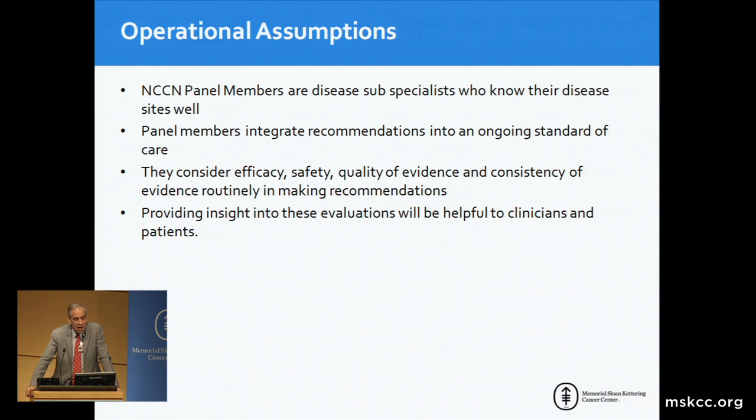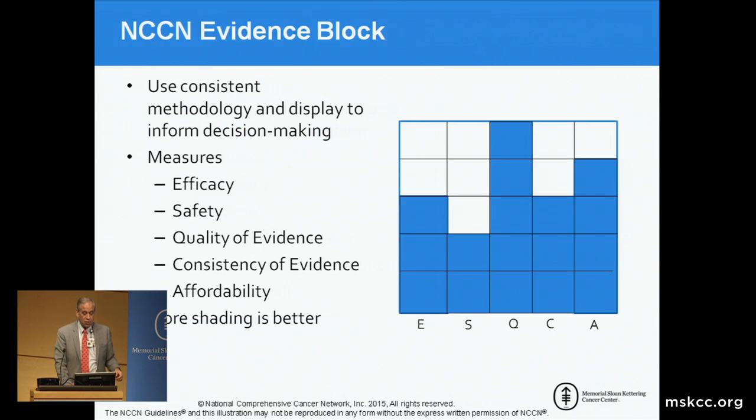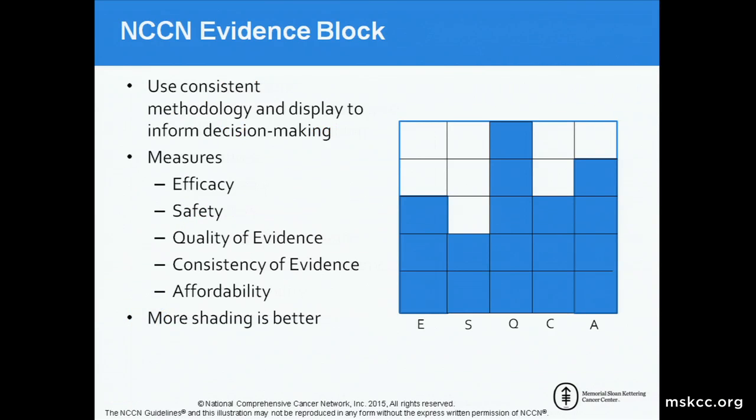and the operational assumptions were that we knew the diseases on the individual panels. We're constantly recommending treatments. We know the safety data. We know the quality of the evidence. So we can take all of this and create what are called evidence blocks. And evidence blocks are to look at efficacy, safety, quality of the evidence, consistency of the evidence, and affordability.